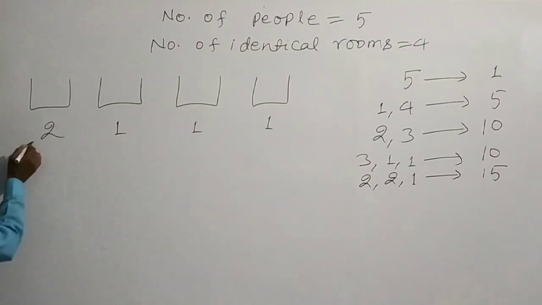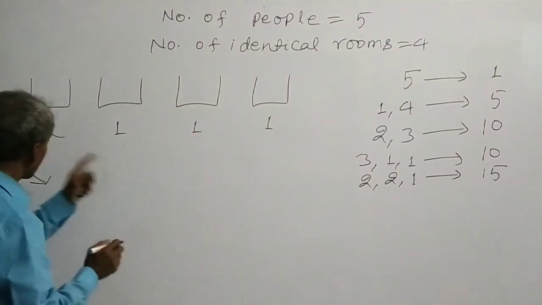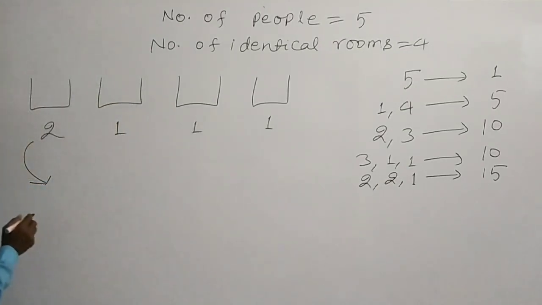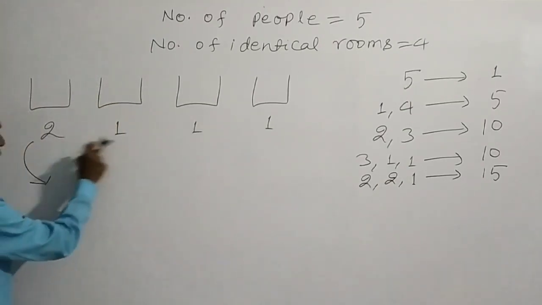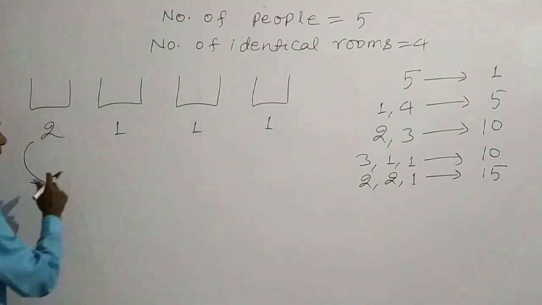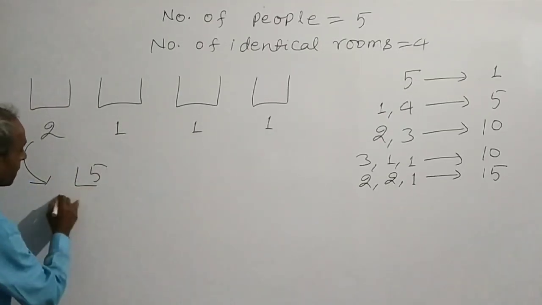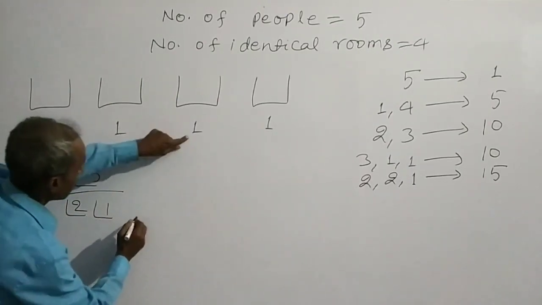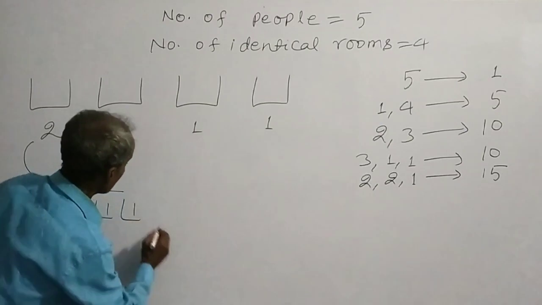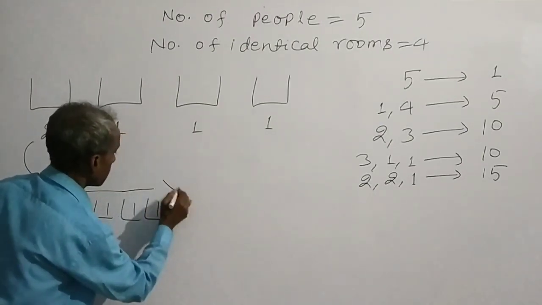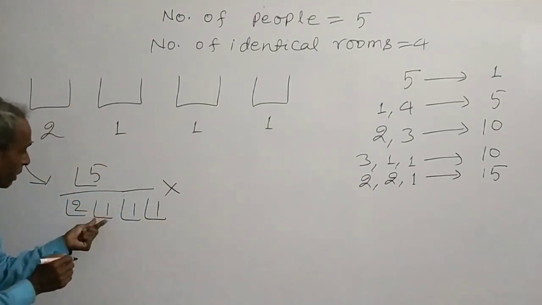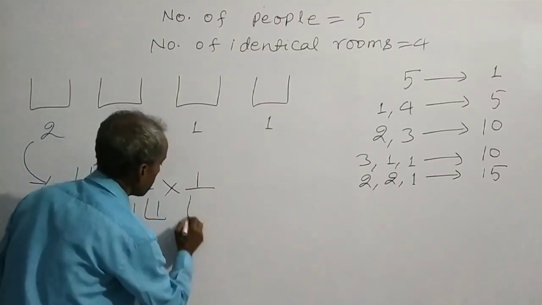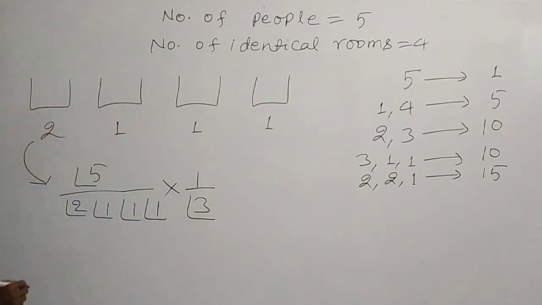And the number of ways of distributing persons in these 4 identical rooms in numbers 2, 1, 1, 1 will be equal to factorial 5 divided by factorial 2, factorial 1, factorial 1, factorial 1, times, since the number of persons in 3 rooms are equal, we divide by factorial 3.